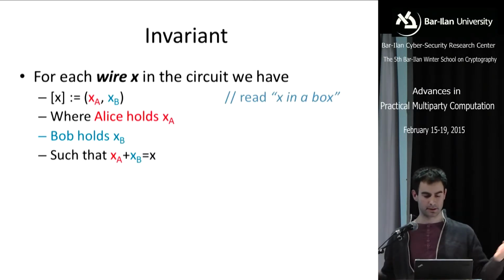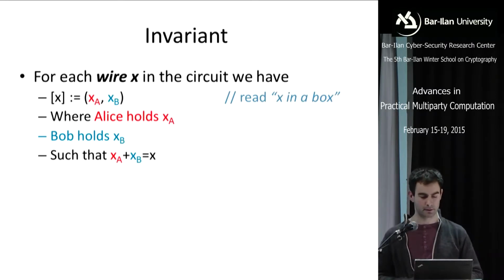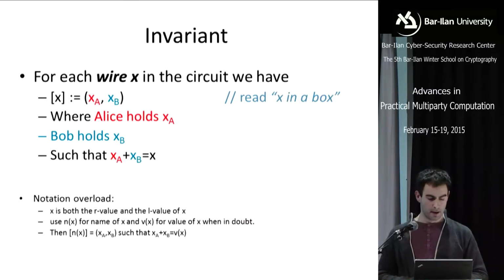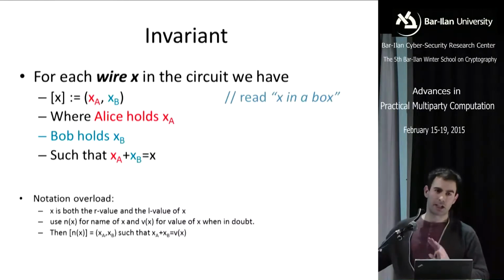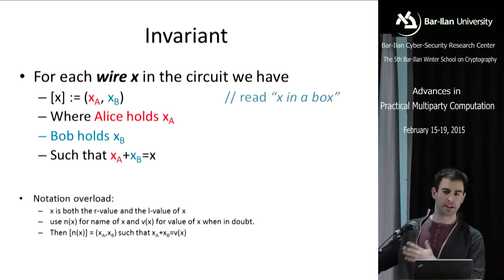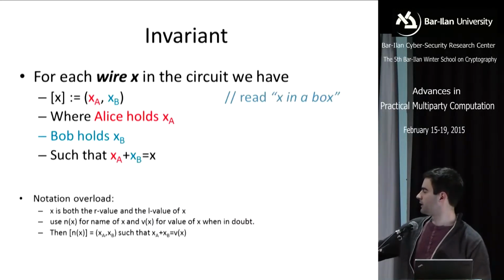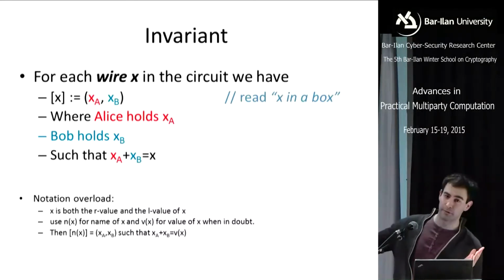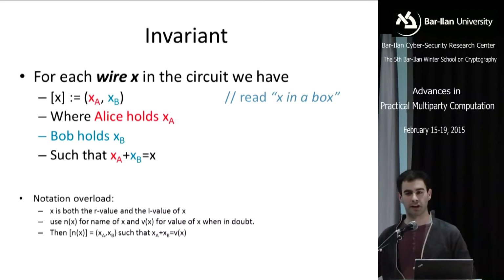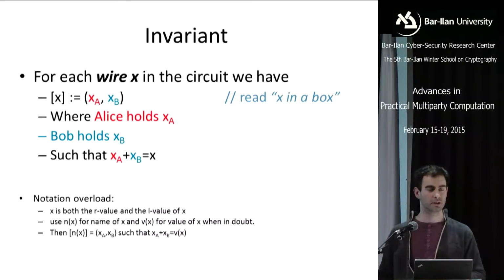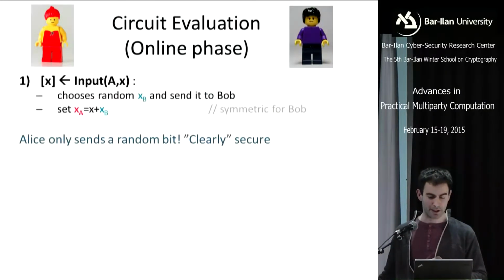X in a box means an additive secret sharing of x between Alice and Bob. And I apologize for this kind of notation overload. Sometimes when I write this x, it is a value, a 0 or 1. This x here is the name of the value, but I hope the confusion is not too big for you. Read the footnote if you're confused.